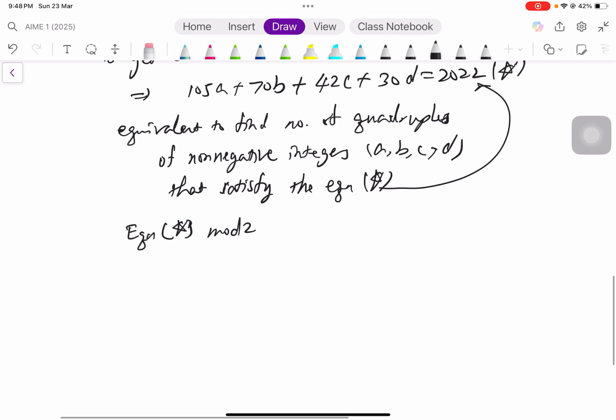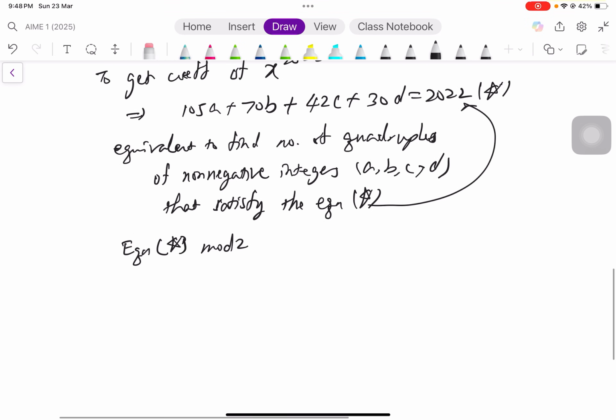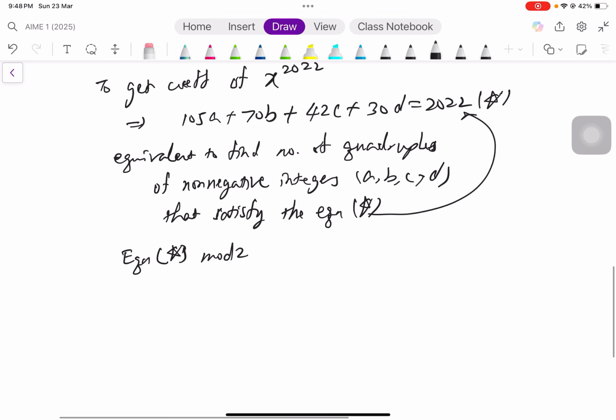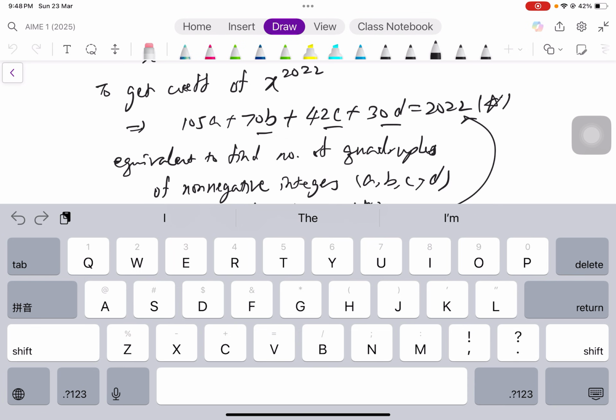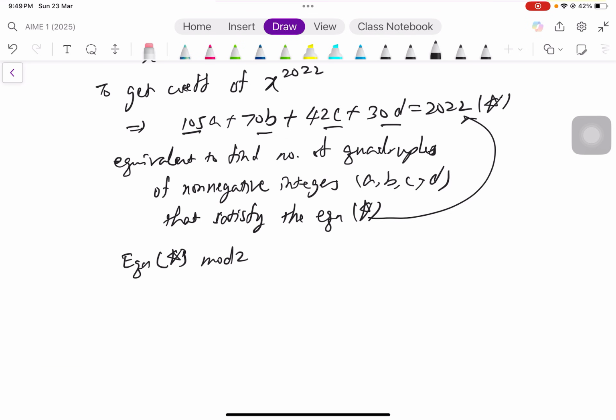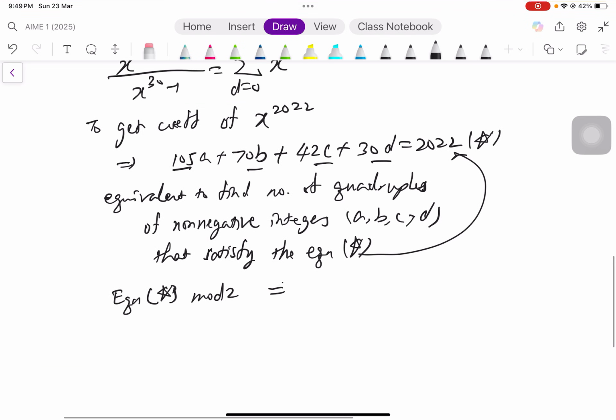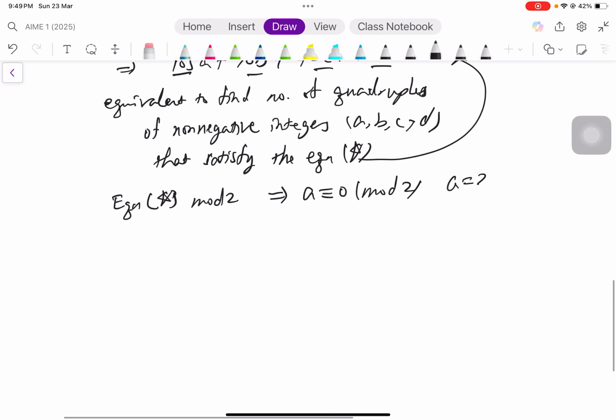If you look at modulo 2, can you see that everyone is divisible by 2, and 105 is odd. Therefore this implies a is congruent to 0 mod 2, that means your a is actually 2w.